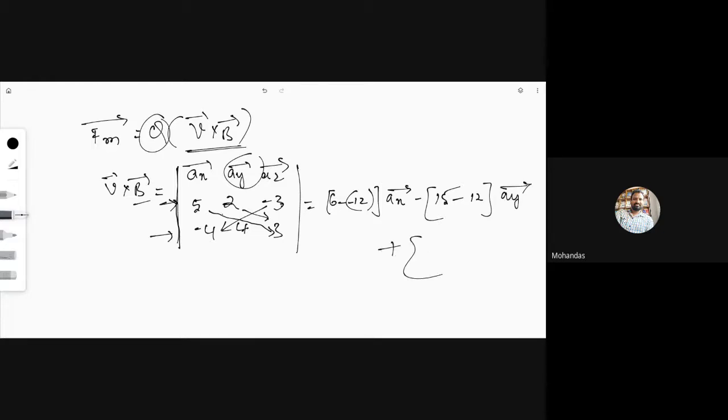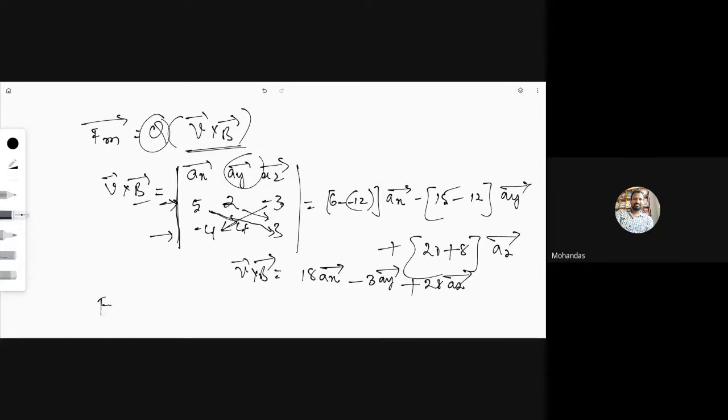Plus, 5 into 4, 20, 4 into 2, 8, minus of minus plus, AZ. Which is equal to 18AX minus 3AY plus 28AZ. So this is V cross B.